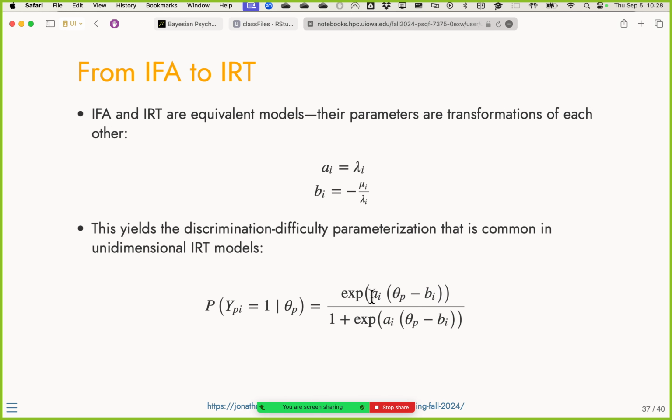A would be the item discrimination, and B would be the item difficulty. If you write out each of the equations and multiply A through this function, you can map the parameters together. You can show that A is lambda from the previous slide, and B is the intercept over lambda times -1. So you can transform one to the other without difficulty, so long as lambda is not 0. If lambda is 0, you're stuck.